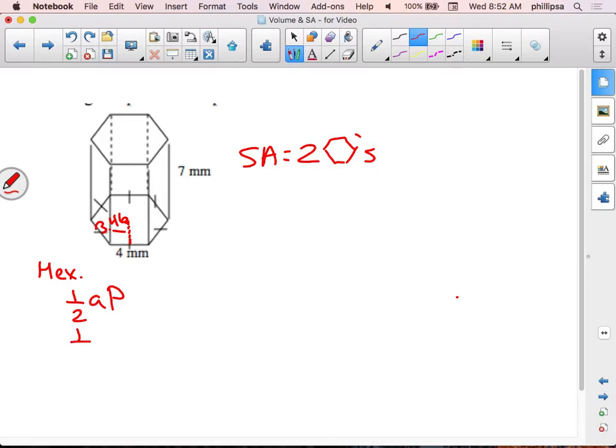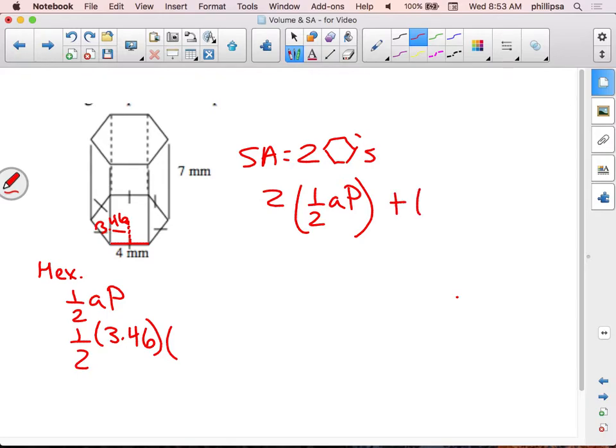Your perimeter was 24 because there's 6 sides at 4 millimeters each, so it's just 3.46. So I have 2 half apothem times perimeter that I'm going to need to do. Plus, you have 6 of the same rectangles. So all of your rectangles measure 4 by 7. So this one's actually pretty quick if you think about it, okay?